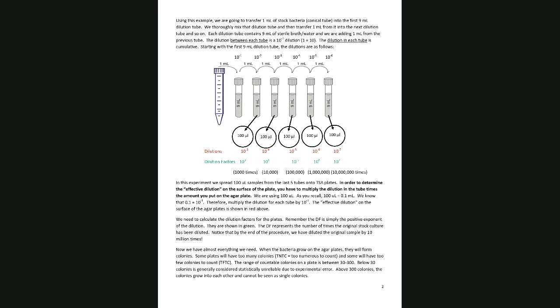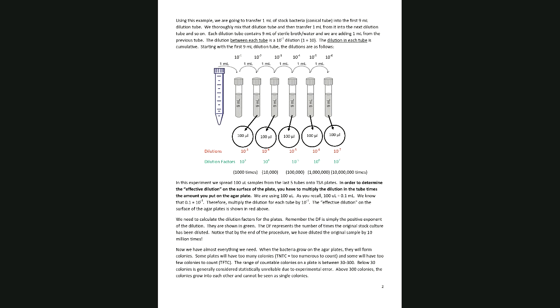So each group gets 6 9 ml dilution tubes. You take 1 milliliter out of your stock, you add it to the first tube, and since it's 1 into 9, that's a 1 to 10 dilution, is 10 to the negative 1. Then you mix this tube thoroughly and take 1 milliliter from this tube, add it to the next 9 ml sterile tube. So you're doing another 10 to the negative 1, but you're diluting a sample that's already diluted 10 to the negative 1.